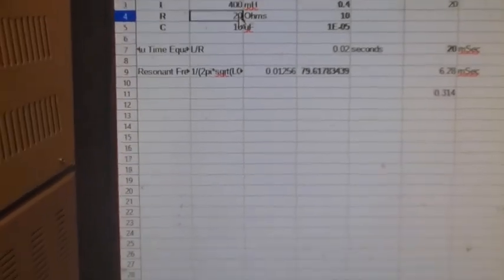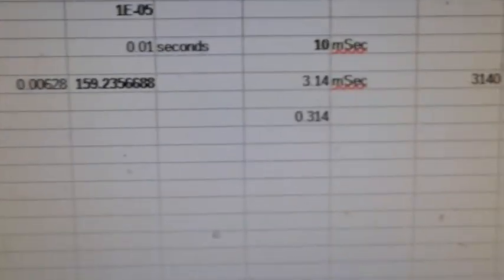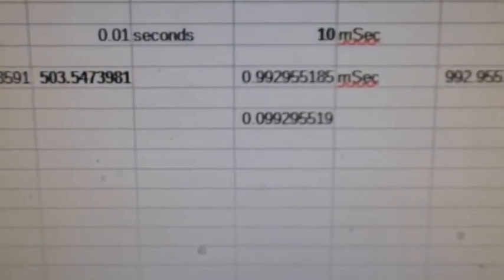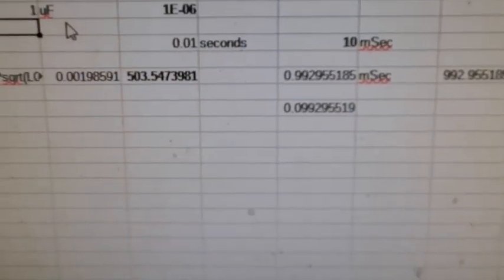Let's set it back to 10 and 100. 0.314. So that I find interesting. Let's make the cap 1 UF. 0.099. And if you look at it, we went from 10 to 1.